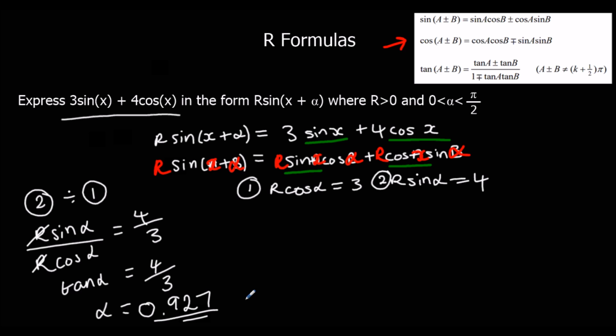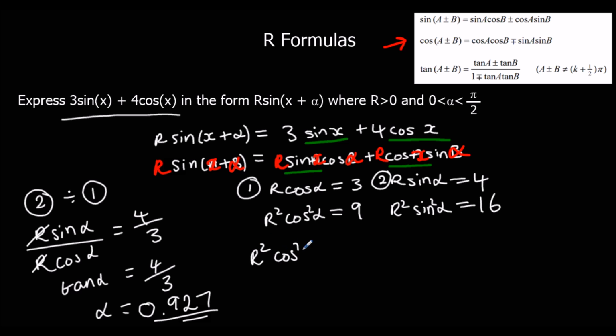There's a quick way and a long way. I'll show you the long way first, and then I'll tell you the quick way after. So if we square both sides of these equations, r squared cos squared alpha equals 9, r squared sin squared alpha equals 16, and then we add the two equations together. So add the left sides together, r squared cos squared alpha plus r squared sin squared alpha equals 9 plus 16, 25.